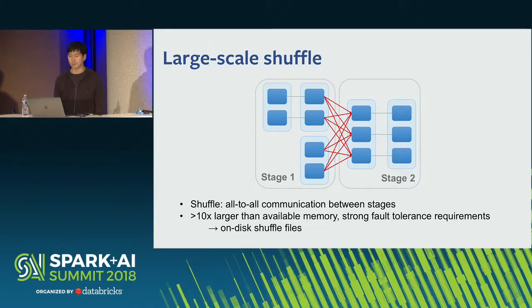Another thing is that not all data in Spark jobs can actually fit into memory. At Facebook, we often see data that is 10 times larger than the available memory, even in the entire cluster. So obviously, you can't just keep that in memory.